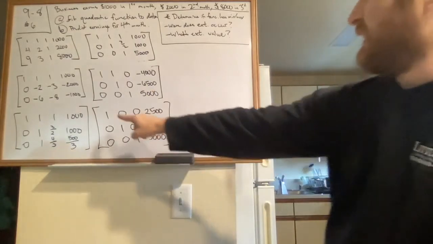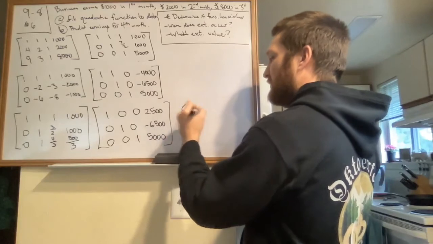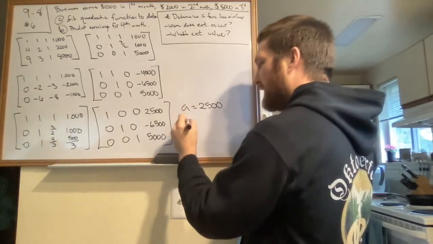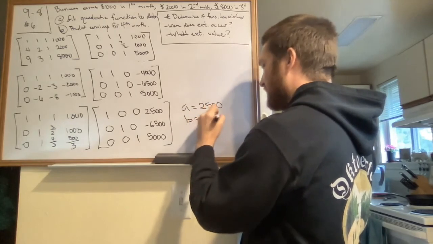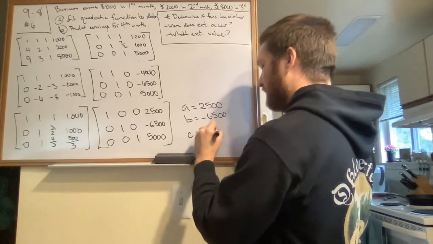This means that A plus 0, B plus 0, is equal to 2,500. B is equal to -6,500, and C is equal to +5,000.